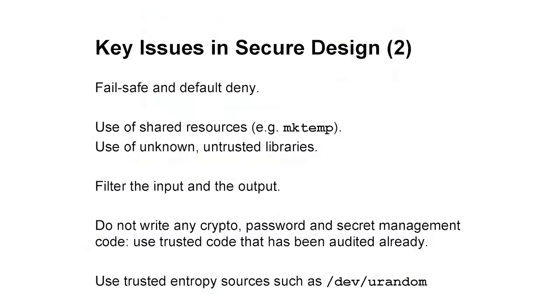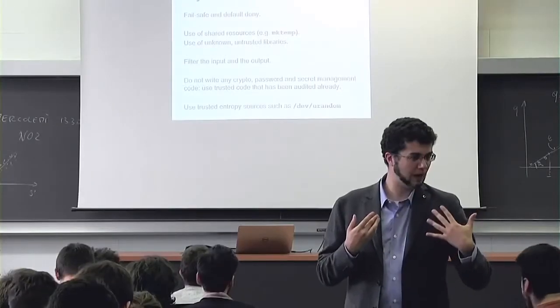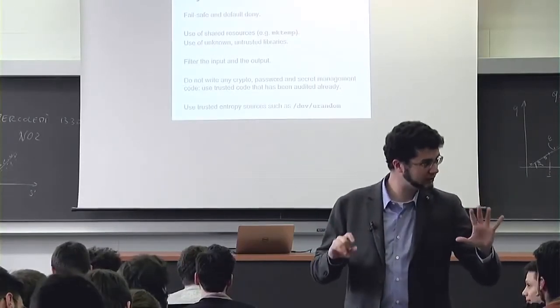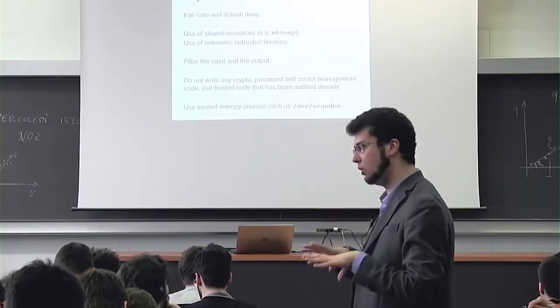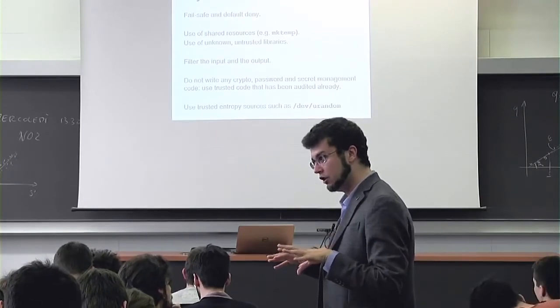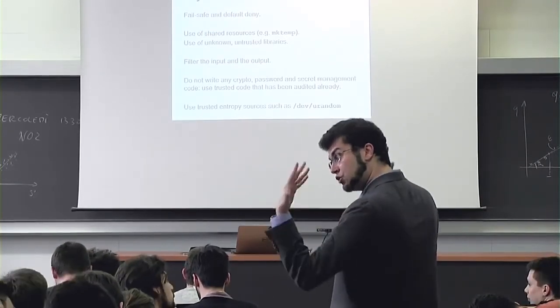Another typical key issue, fail-safe. Software, when it fails, should fail shut, not fail open. It's like the doors of a building. If they are electrified, you want them to fail open from the inside. If there is no power, they are the only way to get out, so you want them to allow people to open them from the inside. But a door from the outside should fail closed.